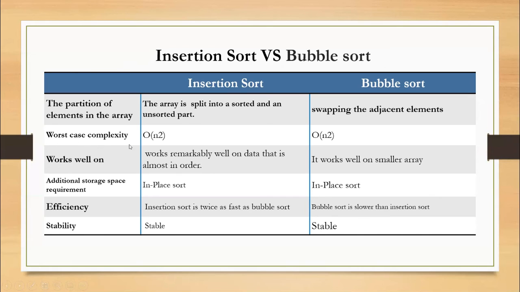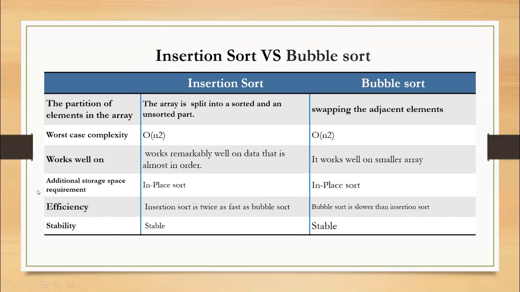Worst case complexity: insertion sort and bubble sort are the same. Insertion sort works remarkably well on data that is almost in order. Bubble sort works well on smaller arrays.